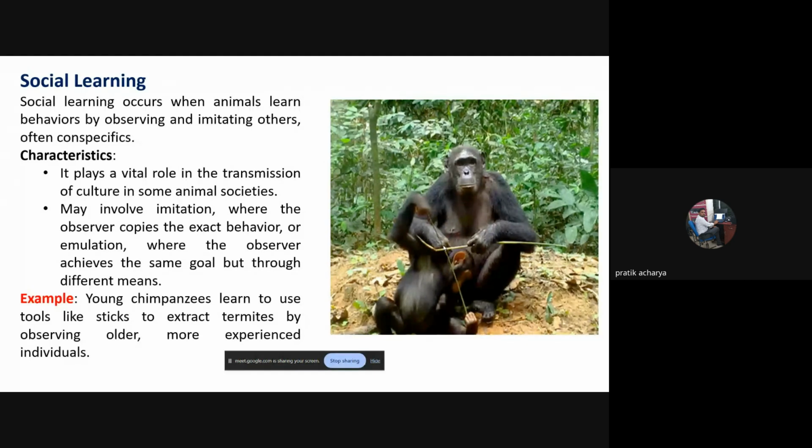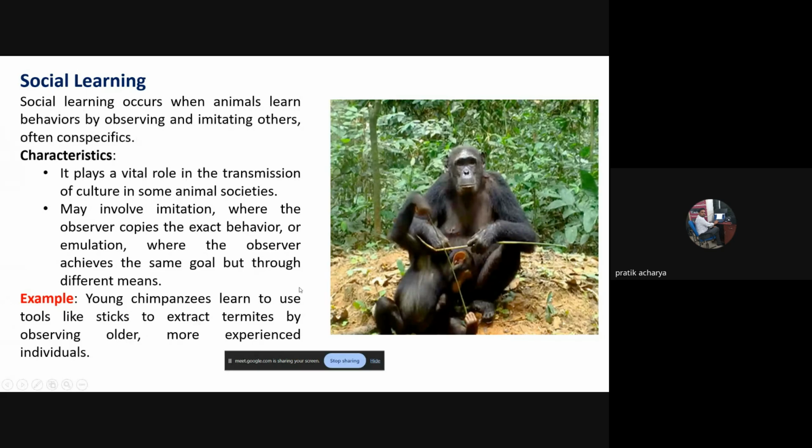Many involve imitation, where they observe and copy the exact behavior, or emulation. The example will be very clear to you. Young chimpanzees learn to use tools like sticks. They hold certain sticks and observe from the other members of that particular group that they use the stick to extract termites.